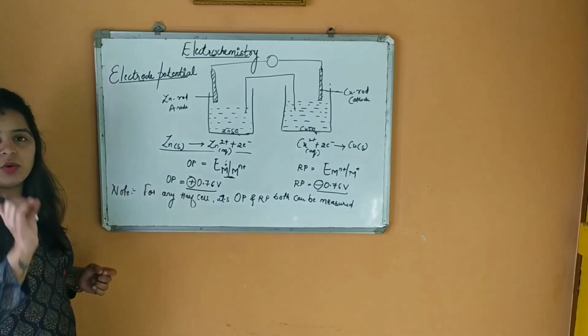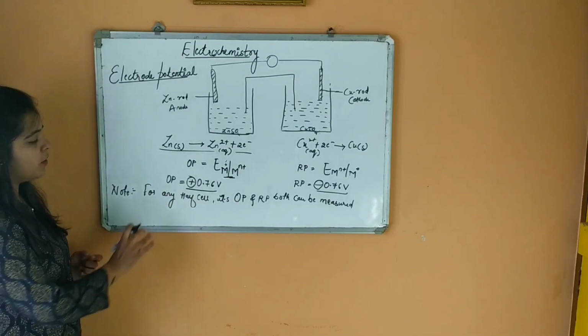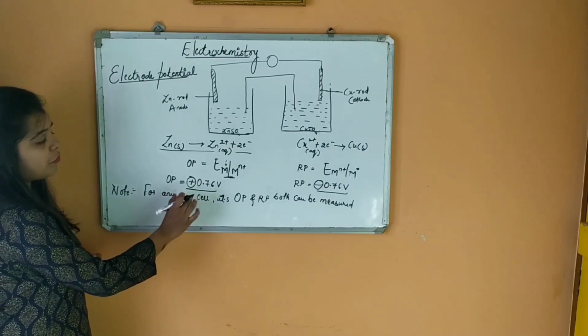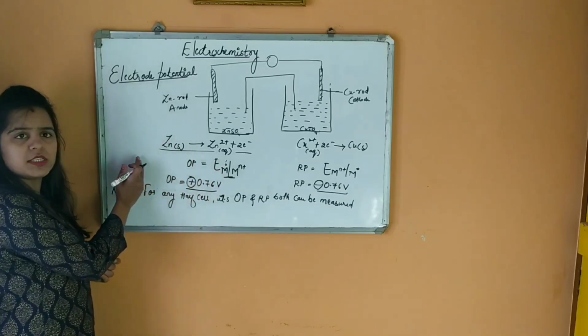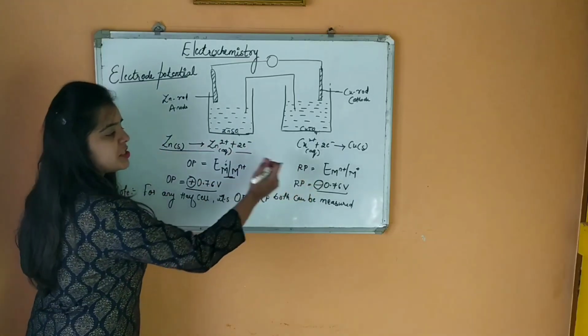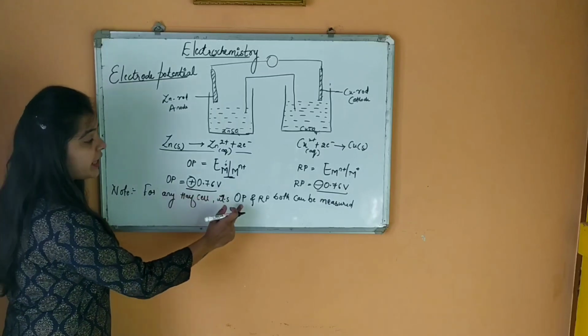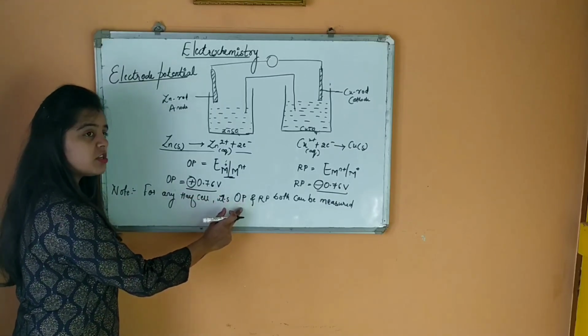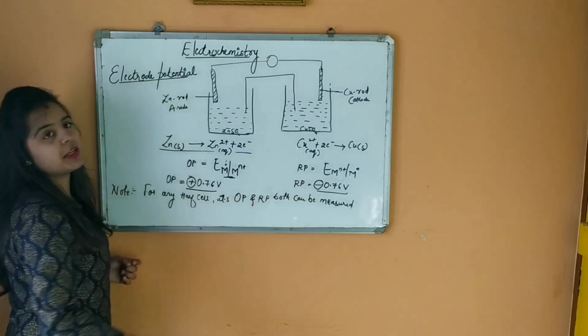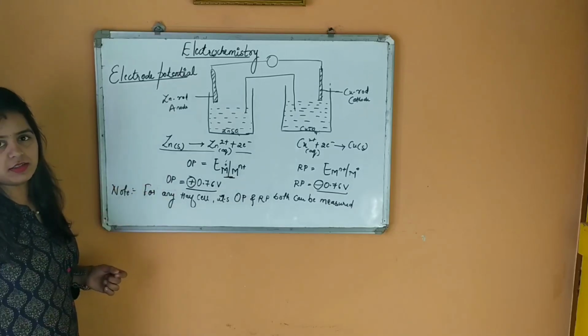Understand this particular note very carefully. What they are saying is, for any half cell, it can be oxidation half cell or reduction half cell, you can calculate both oxidation potential and reduction potential for either of these cells.